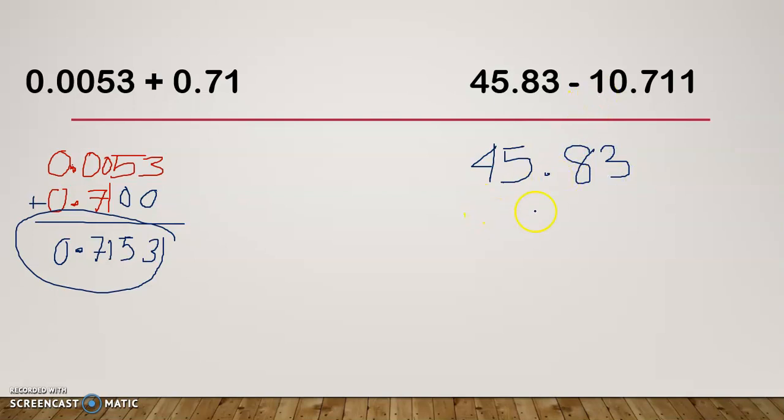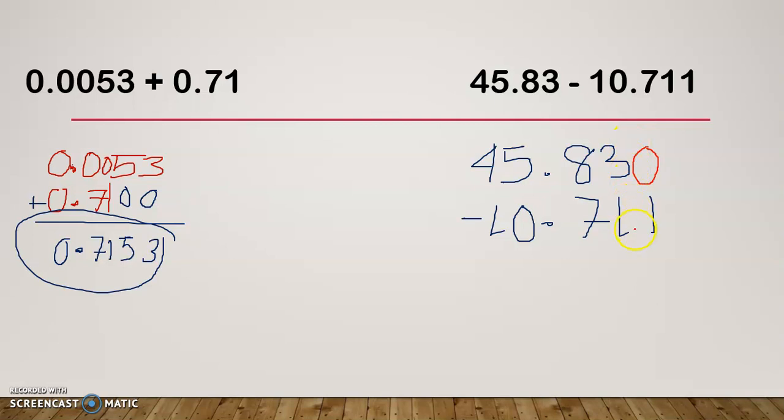And then 10, of course, that is subtraction, and 711 thousandths. After arranging the numbers vertically, you have to find the empty decimal place value and add 0 there. As you can see here, there's an empty or vacant decimal place value. So you have to add 0.